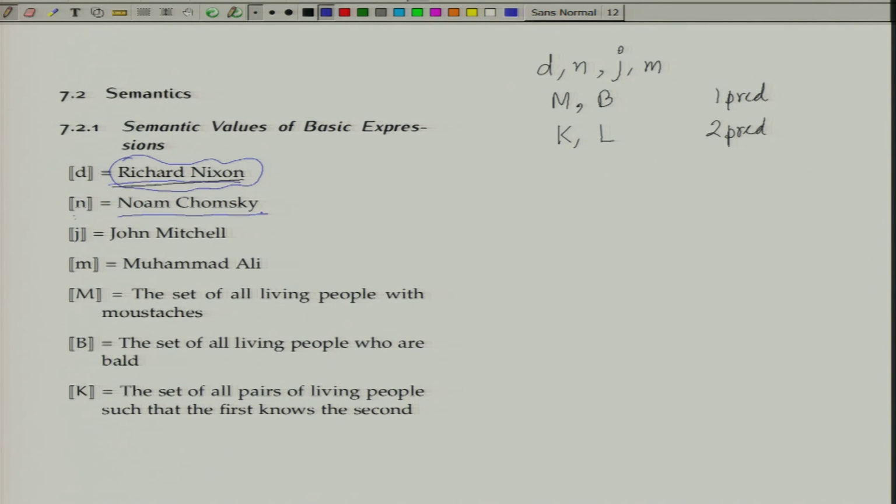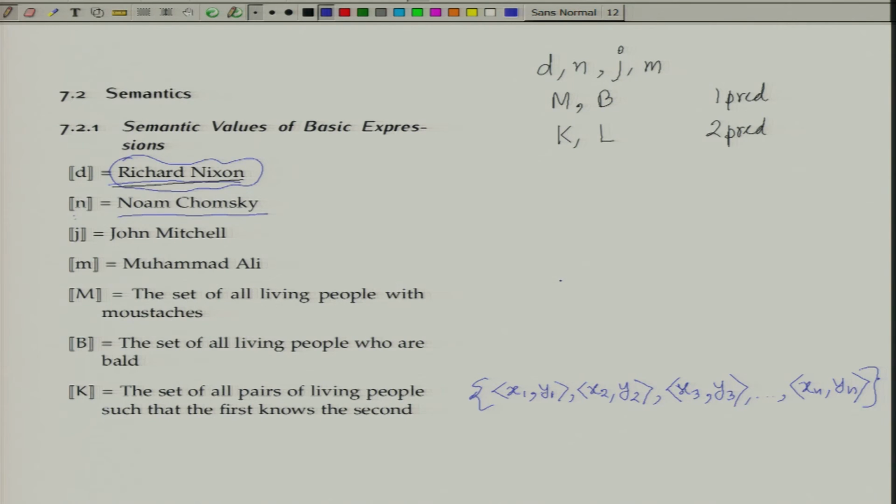The reference of K is the set of all pairs of living people. Now, this is the set talk, and this will look like this in the set thing, something like x1, y1, x2, y2, and x3, y3 through xn, yn.